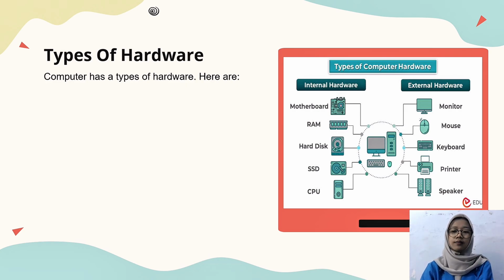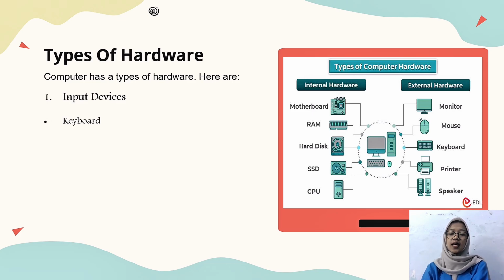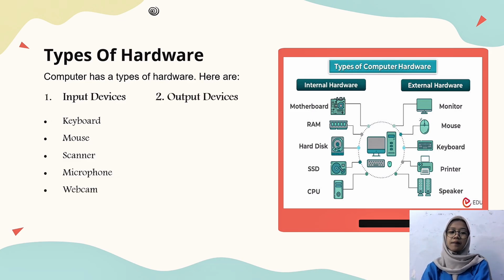Here are input devices. First is input devices. An input device is a computer device that is used to input data into a computer system, like keyboards, mouse, scanner, microphone, also a webcam.